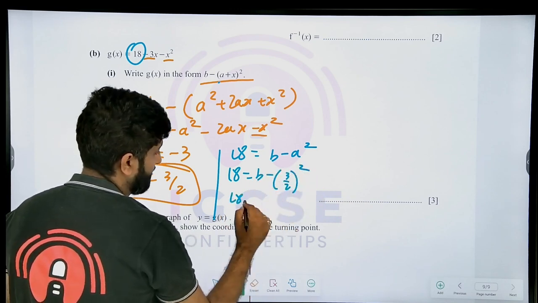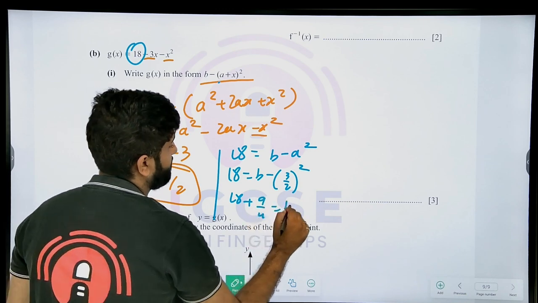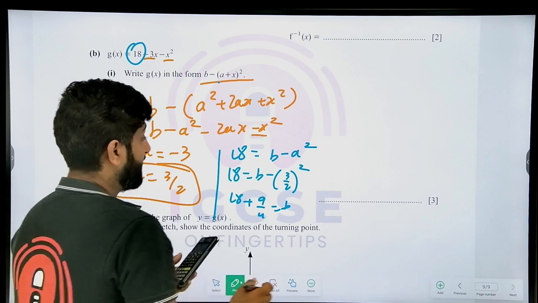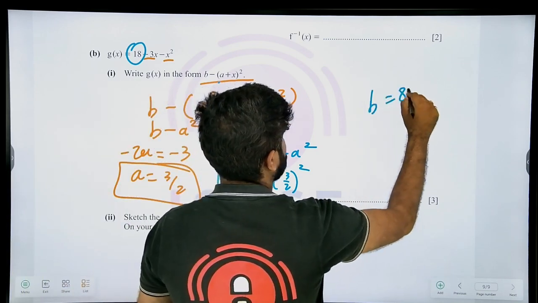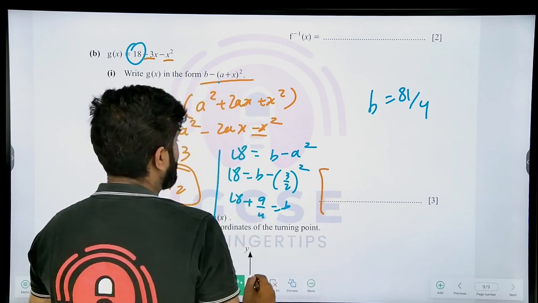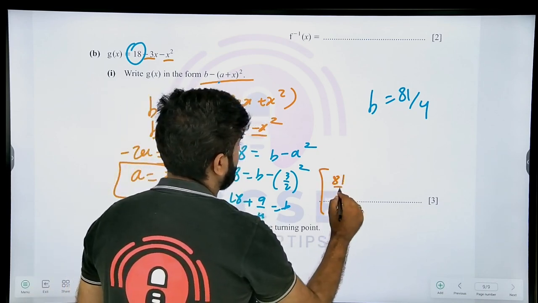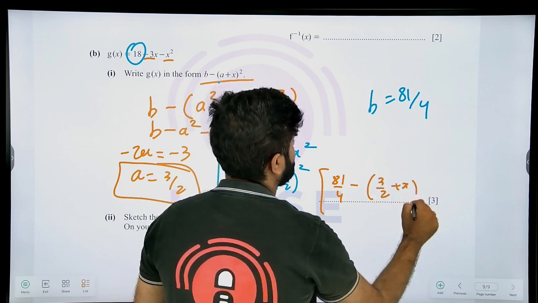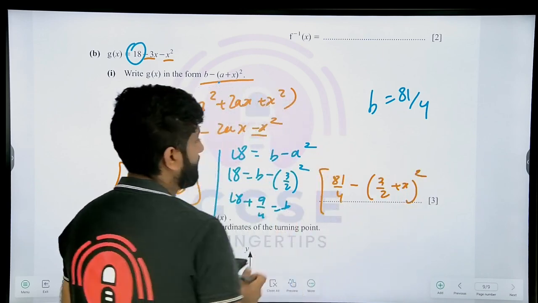So 18 plus 9 by 4 equals b. So 18 plus 9 by 4 is 81 by 4. So the value of b is 81 by 4. So the expression is going to be 81 by 4 minus (x plus 3 by 2) square. Right, this is my point.